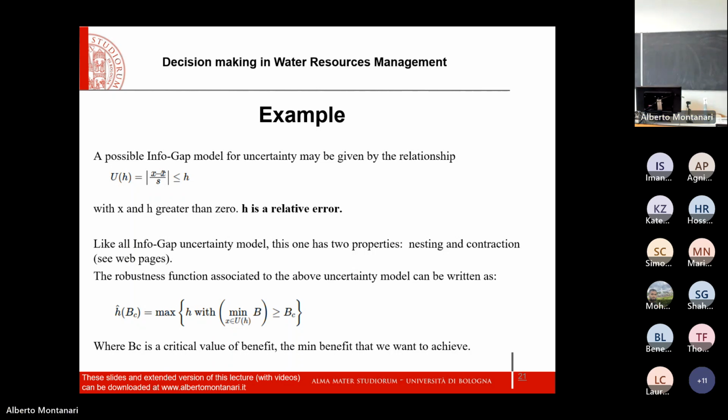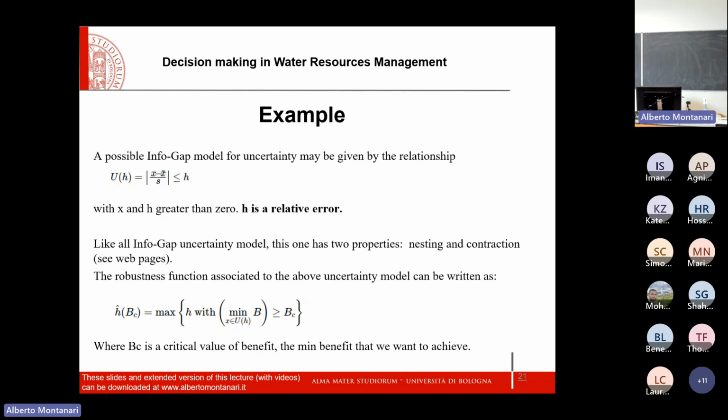So now I can define my opportuneness function in terms of H, depending on BC, and it is defined in this way. It is the max H, so it is the max relative error, max H, which ensures that I'm getting a benefit which is larger than the critical one.